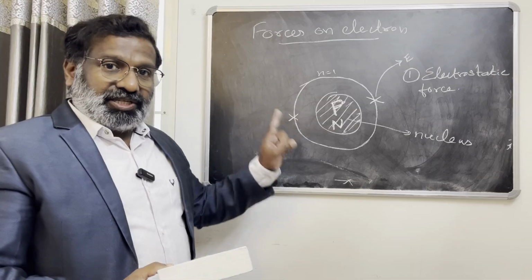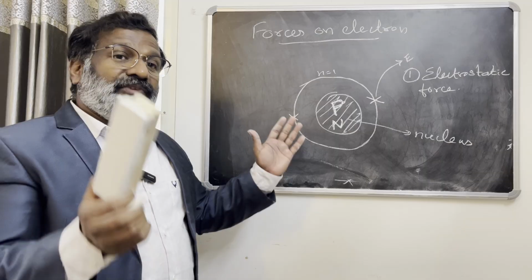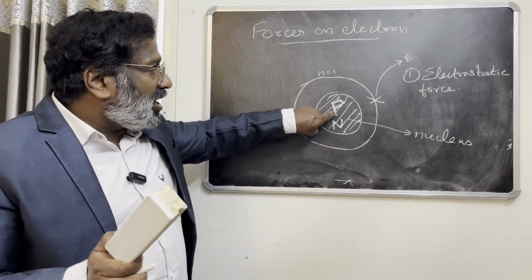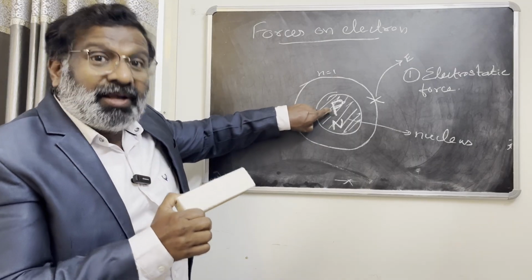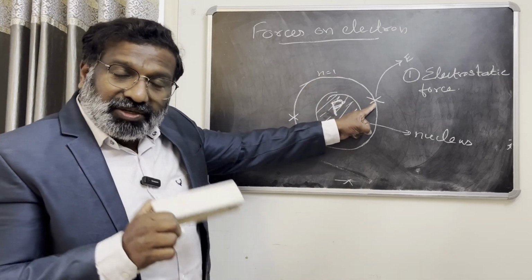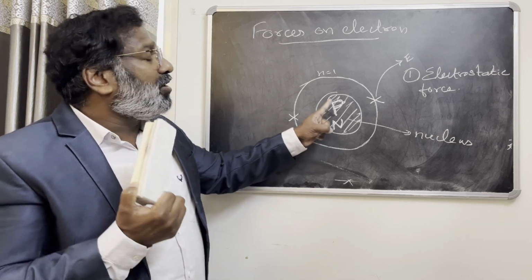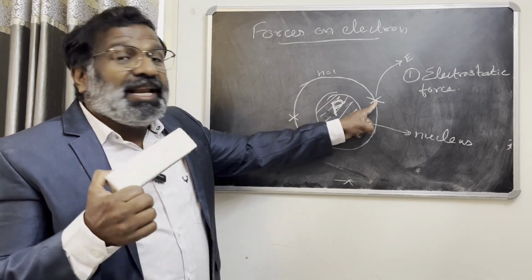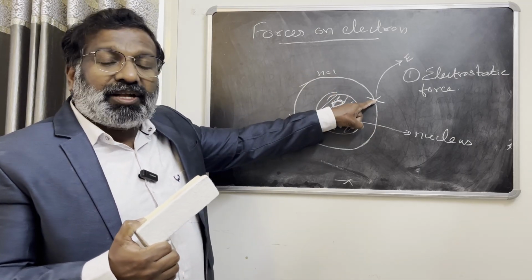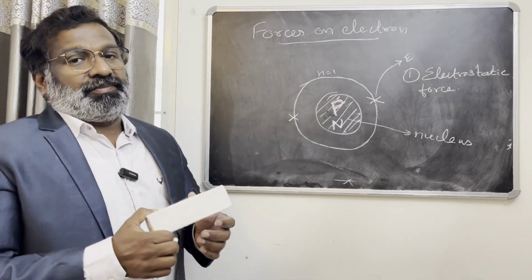Opposite charges will attract, and like charges will repel each other. Inside the nucleus we have protons. What is the charge of a proton? Positive. And outside the nucleus the electrons are revolving in orbits. What is the charge of an electron? Negative. So the positively charged protons will exert a force of attraction over the negatively charged electrons. That attractive force is called the electrostatic force.